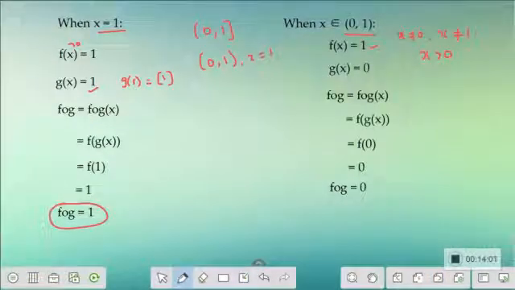Now let's move to g of x. g of x, when x takes the value between 0 and 1, will be nothing but the greatest integer value of x. So when I take the values from 0 to 1, it will be definitely greater than 0, but these x values are less than 1. So when it is lying between 0 and 1, the greatest integer that we have here is only 0.